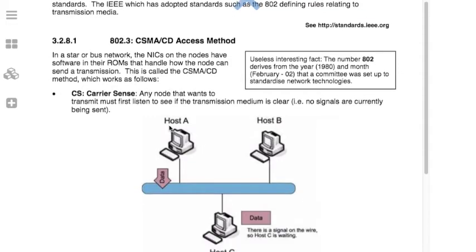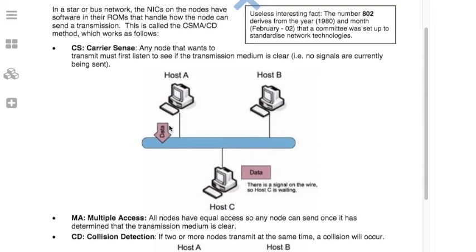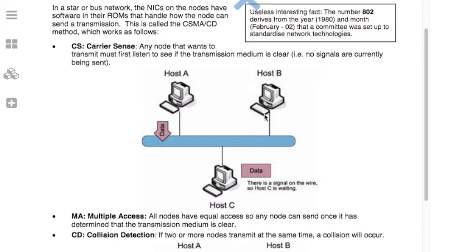Now, the most common, and pretty much the only one that you really need to know in depth, is called CSMA/CD, and it's the most commonly used in wired networks, in local area networks. And CSMA/CD stands for Carrier Sense Multiple Access with Collision Detection. Okay, and the way this happens is you have a whole bunch of nodes on a network which are wired.